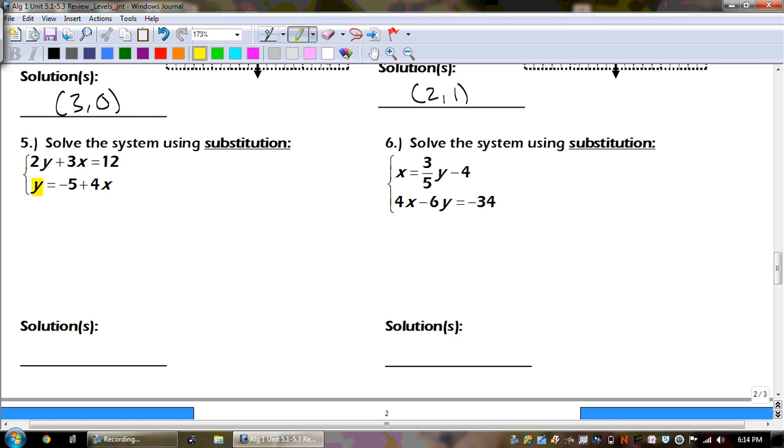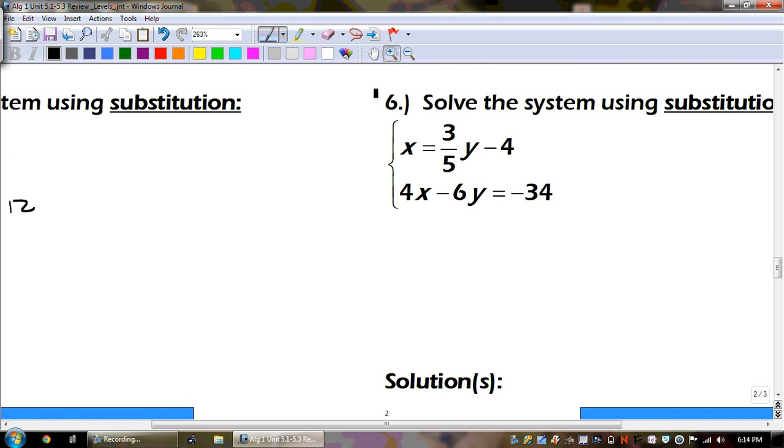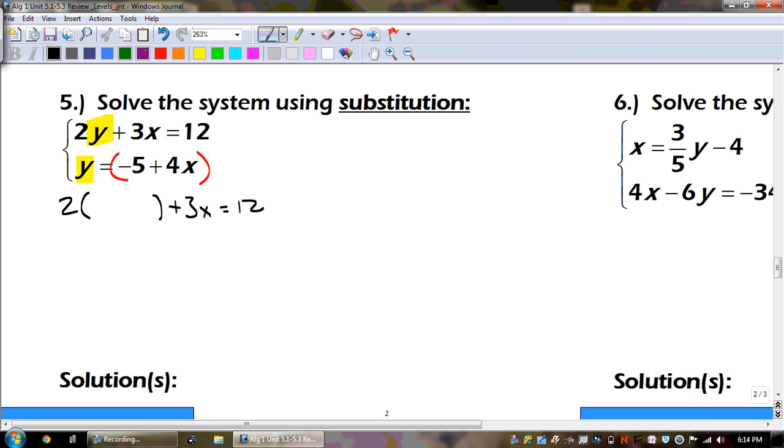So we find the variable that's by itself, put parentheses around what it equals, and then I know where I'm going to plug in. So we have 2 in the parentheses plus 3x equals 12. And then we get -5 plus 4x.